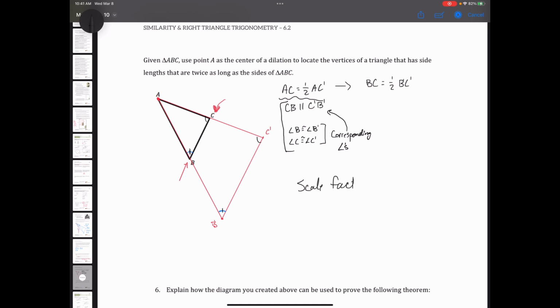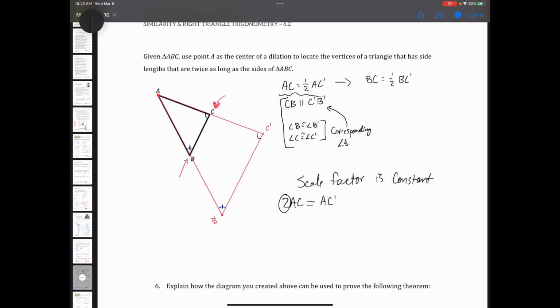And so if the scale factor results in AC being half of AC', then BC would have to be half of BC'. So we could say 2AC is equal to AC', right? Let's do it this way. So that must mean 2BC is equal to B'C'. If we divide both sides by 2, then we get BC is equal to 1/2 B'C'.